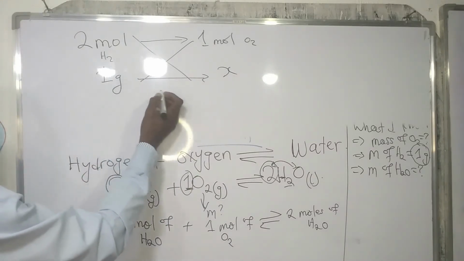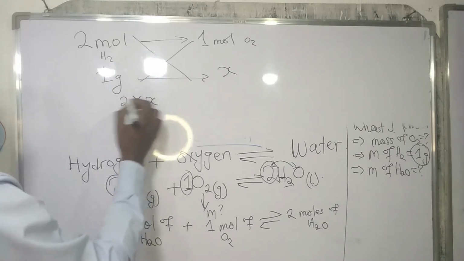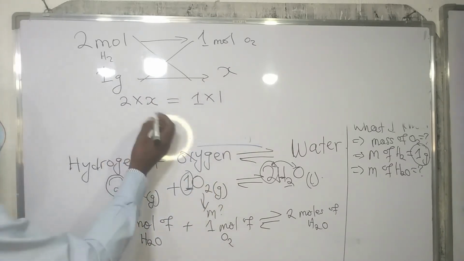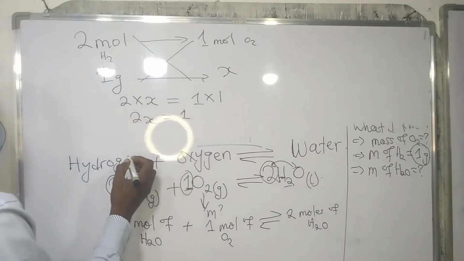What will happen is that you cross multiply. So 2 multiplied by x equals 1 times 1. So this is going to be 2x equals 1.